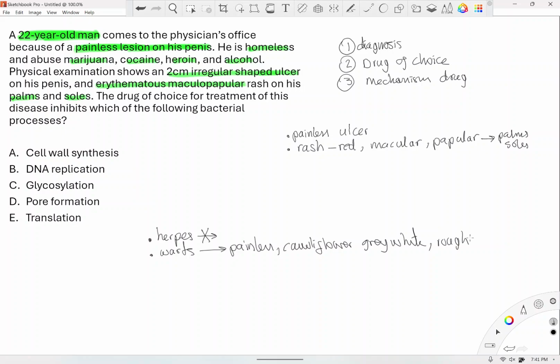But this person has ulcers. They don't have cauliflower like gray white rough lesions. So that's what warts are, and HPV causes that. So again, that's not our diagnosis as well.